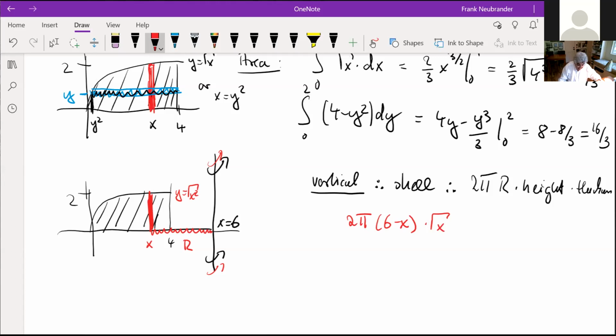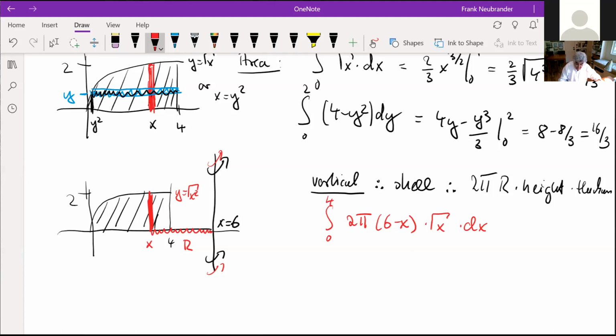The thickness is a small increment in x direction, the thickness of the mantle of the shell. And you do this for all x between 0 and 4.